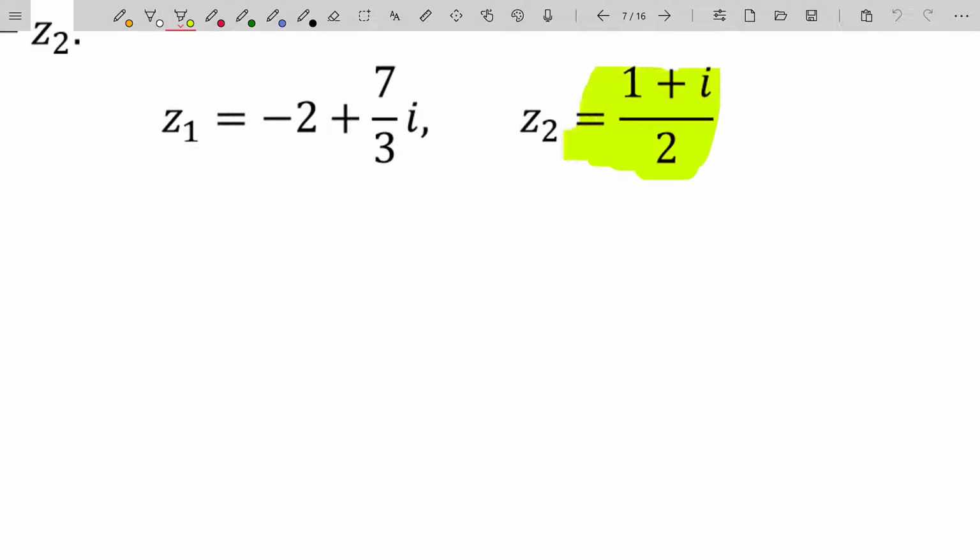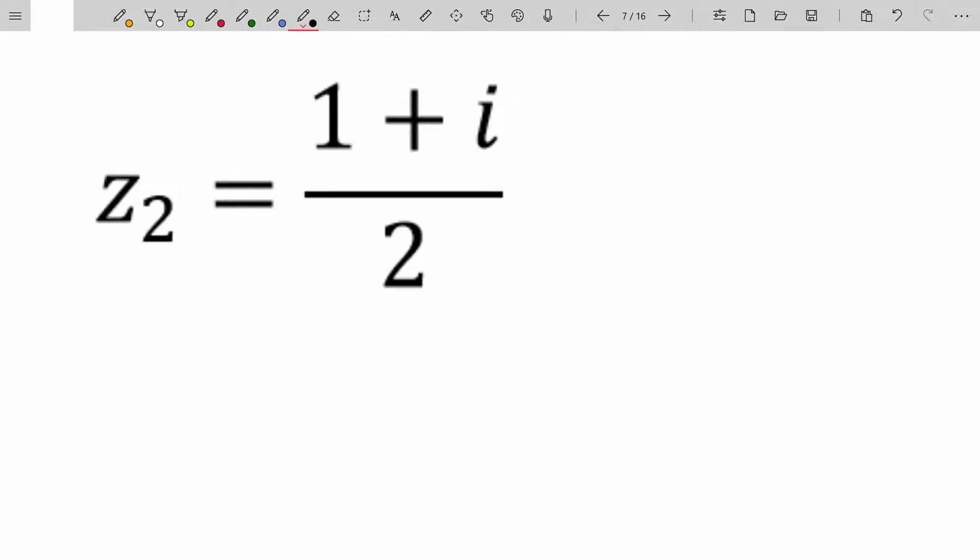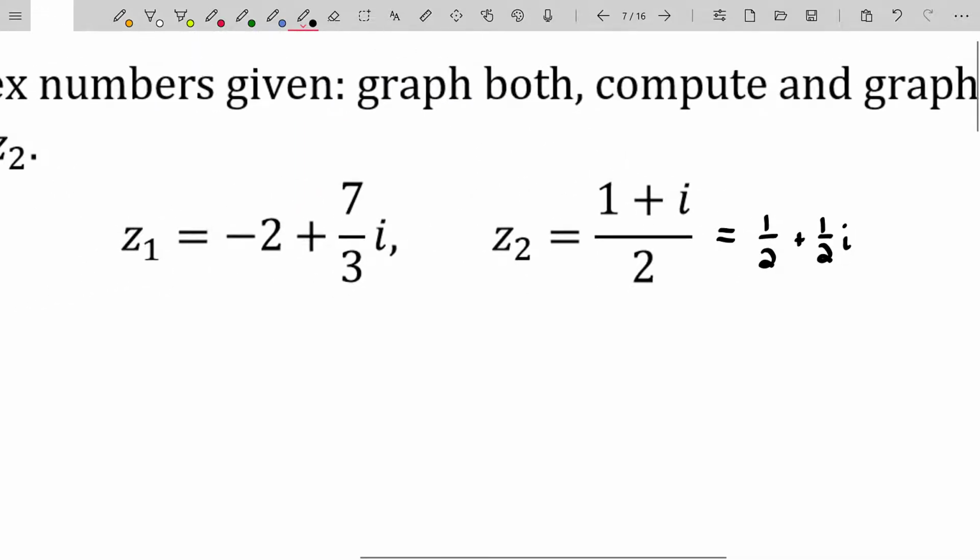It is written not in standard form, and that makes it very difficult to graph. So we're going to take a moment to rewrite z2 in standard form. That would be 1/2 plus i over 2, which I'm just going to call 1/2 i. That is much easier to deal with.